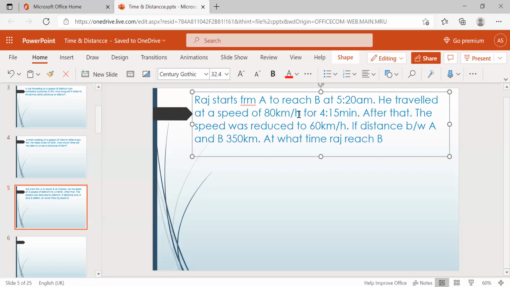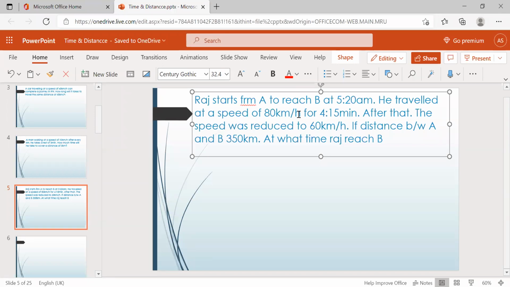The speed they've given is 80 km per hour, and for 4 hours 15 minutes he traveled. After that, the speed was reduced to 60 km per hour. If the distance between A and B is 350 kilometers, at what time did Raj reach B?